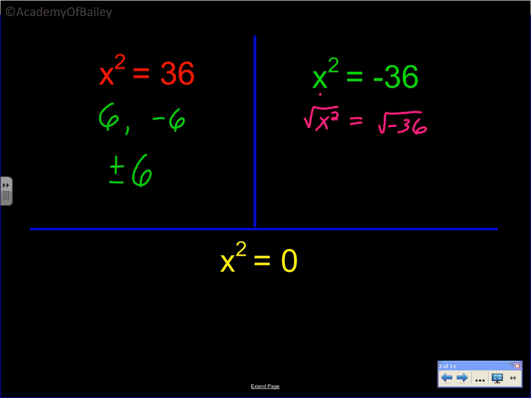And so the square root and the square cancel out, and we're only left with x on the left side, and x is equal to the square root of negative 36. The answer for you in this class is going to be no real roots.